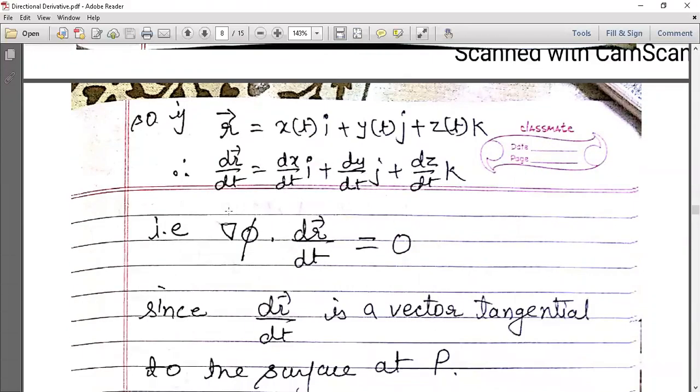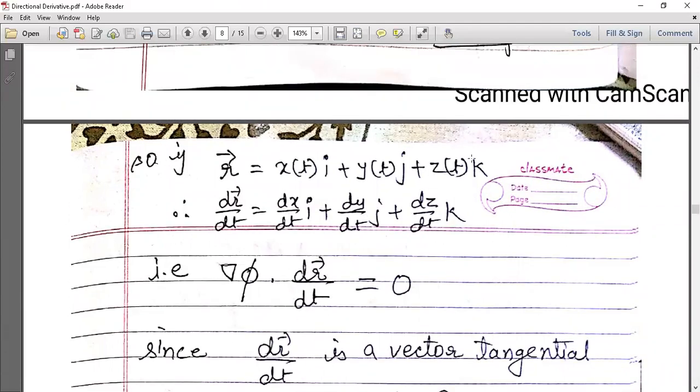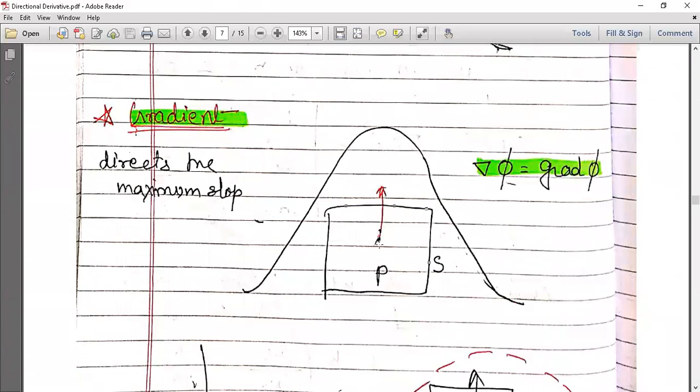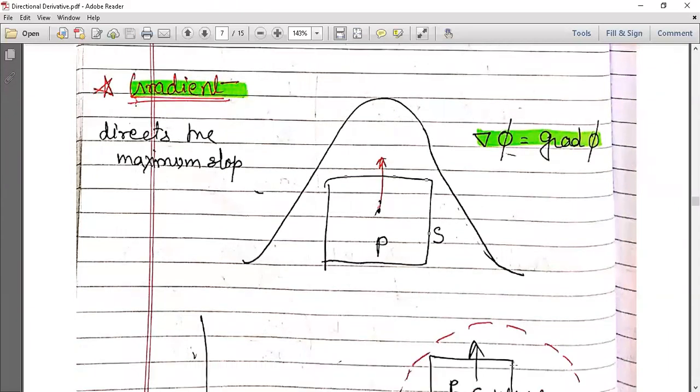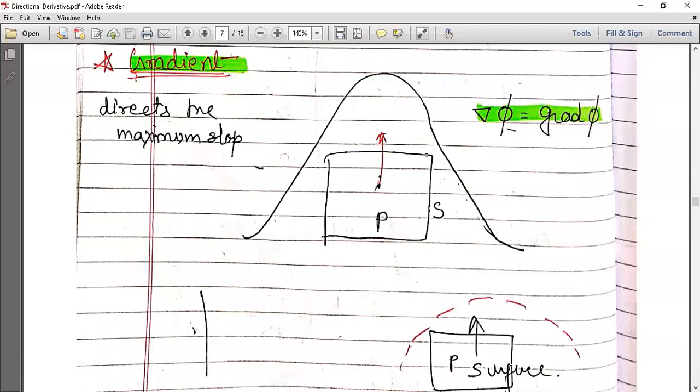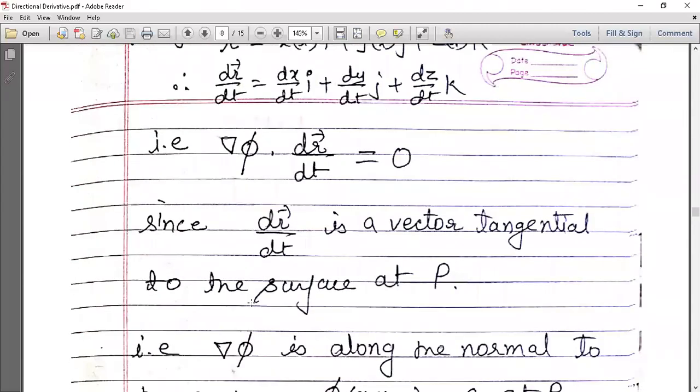Now if I take the gradient with this tangent, the result will be 0, because, as I explained, the gradient directs to the maximum slope, so the normal and the tangent are perpendicular, and it gives us 0. So dr/dt is a vector tangential to the surface at p.